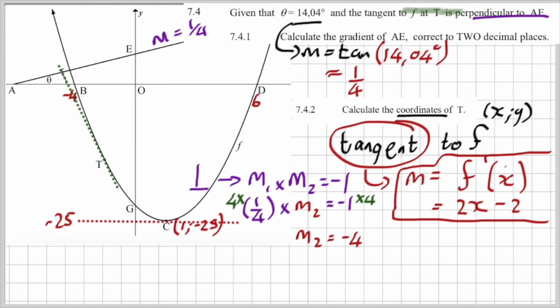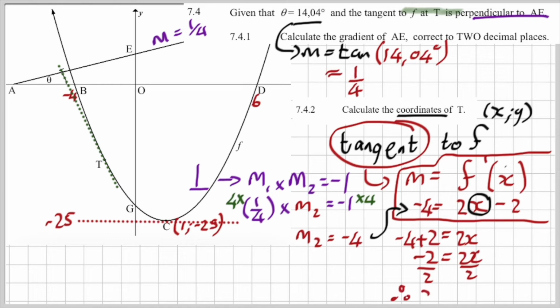The gradient of my tangent is negative 4, which means I can solve for x. So I'm going to transpose the negative 2 and divide by 2 on both sides, which tells me x is negative 1. PS, does it make sense?